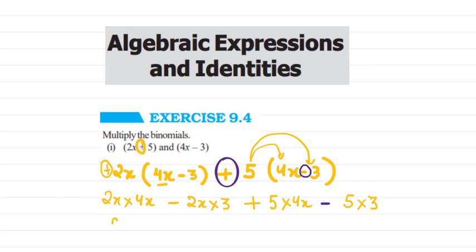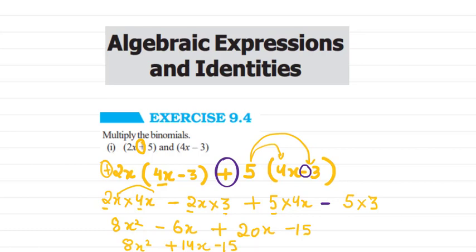Then you can multiply: 2 into 4 gives 8x square, x into x gives x square, then 2 into 3 gives 6, and the minus sign comes as it is, 6x. Then plus 5 into 4, 20x, minus 15. Now you can simplify it: you'll get 8x square plus 14x, since 20x minus 6x gives 14x, minus 15. So that's the answer.